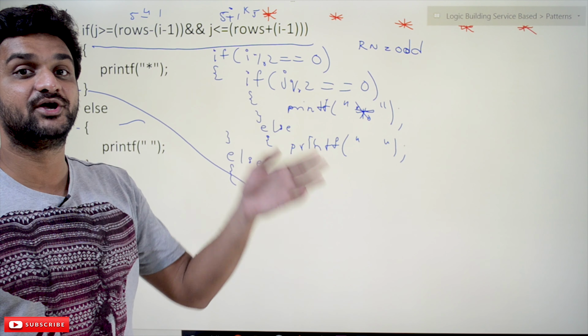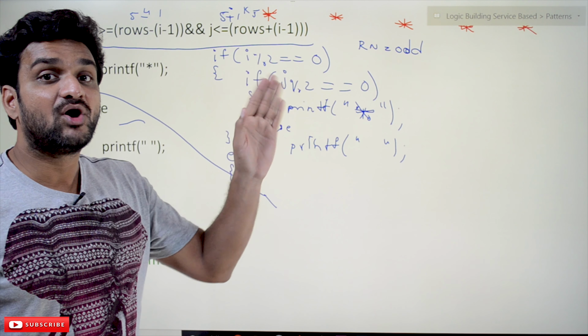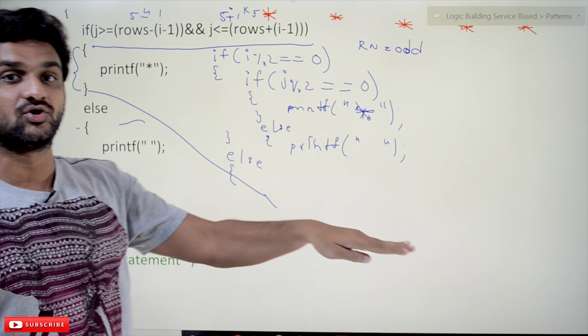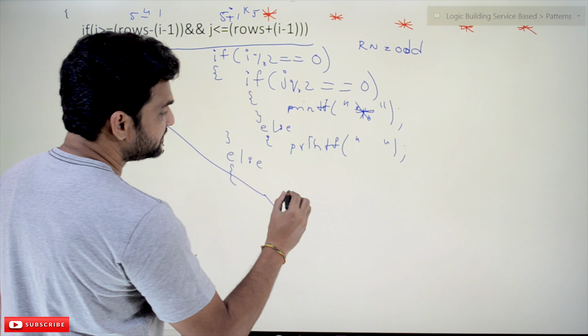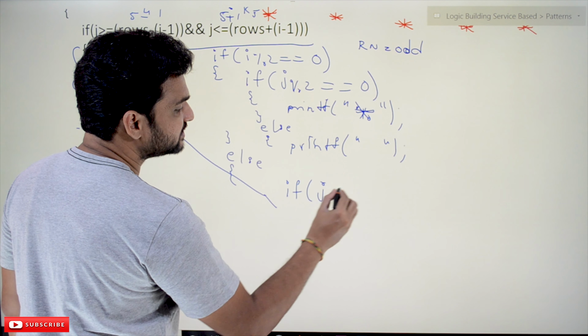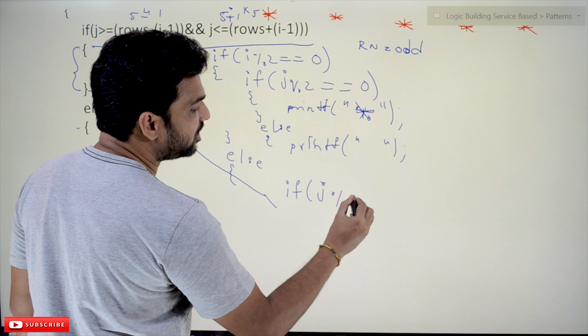Are you able to get the point? I mod 2 is not equal to 0, which means that we are in the odd numbered row. Odd numbered row means where the value of j is odd.